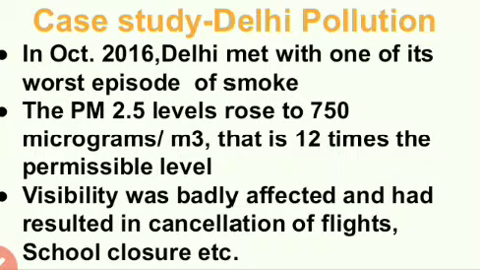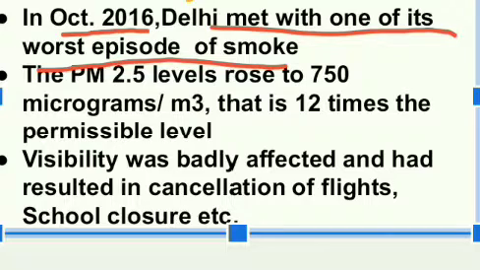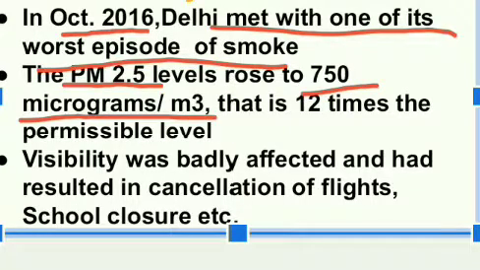In October 2016, Delhi met with one of its worst episodes of smog, in which particulate matter of 2.5 micron level rose to 750 micrograms per cubic meter, that is 12 times the permissible limit.